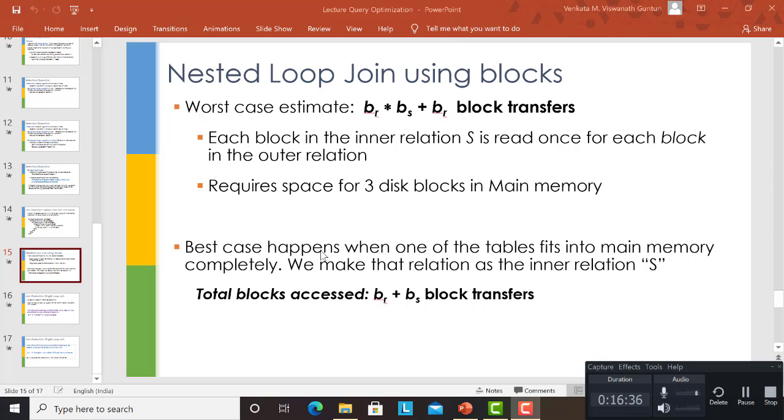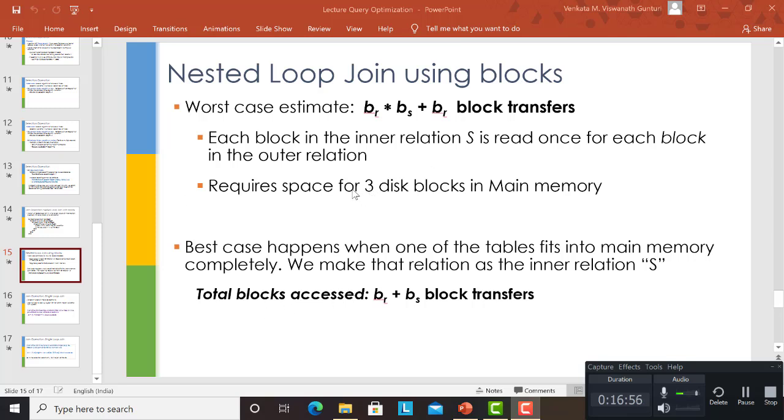And the second caveat is that if your main memory size is big enough such that one of the relations between R and S can fit in your main memory completely, then this algorithm changes, right?